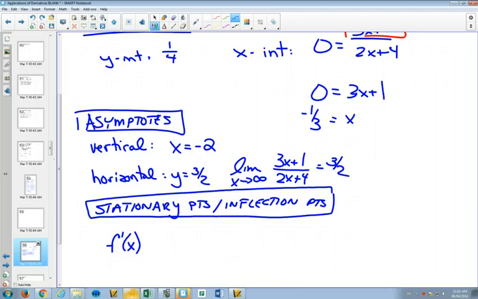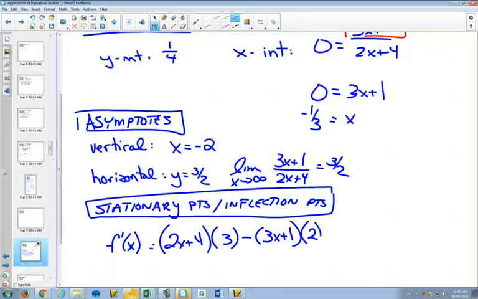So we're going to use our quotient rule. Keep the bottom the same. Derivative of the top minus keep the top the same. Derivative of the bottom over the bottom squared.